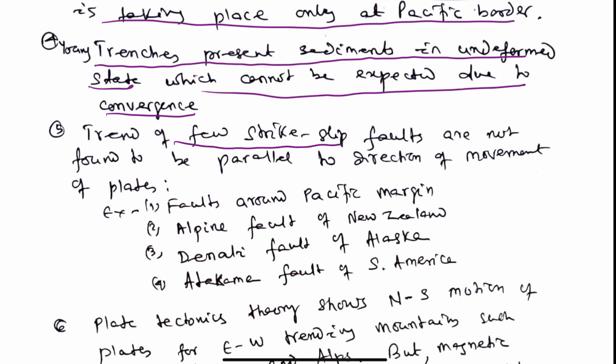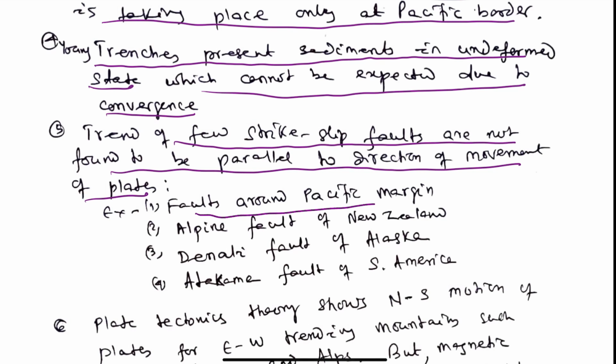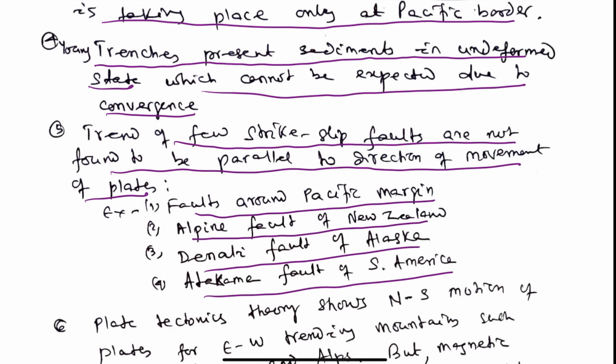The trend of a few strike-slip faults is not found to be parallel to the direction of movement of plates. Examples: faults around the Pacific margin, the Alpine fault of New Zealand, Denali fault of Alaska, Atacama fault of South America.